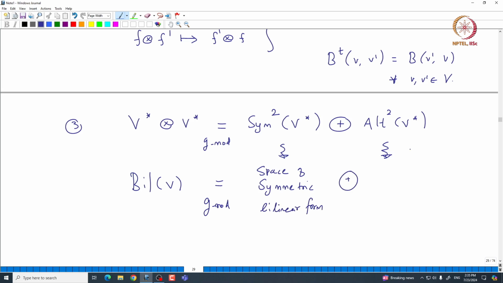The Alt^2 corresponds to the space of skew symmetric bilinear forms. All these things are very easy to verify; I will leave it to you to check. Again, this decomposition is a G module decomposition, which is easy to verify.